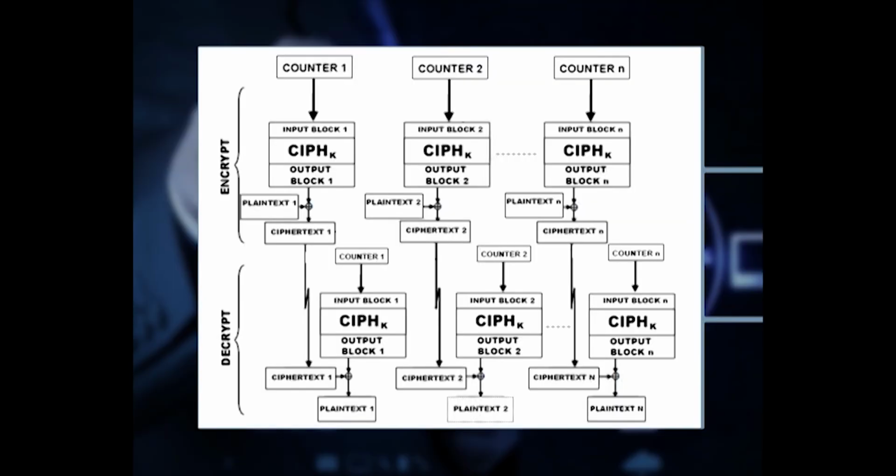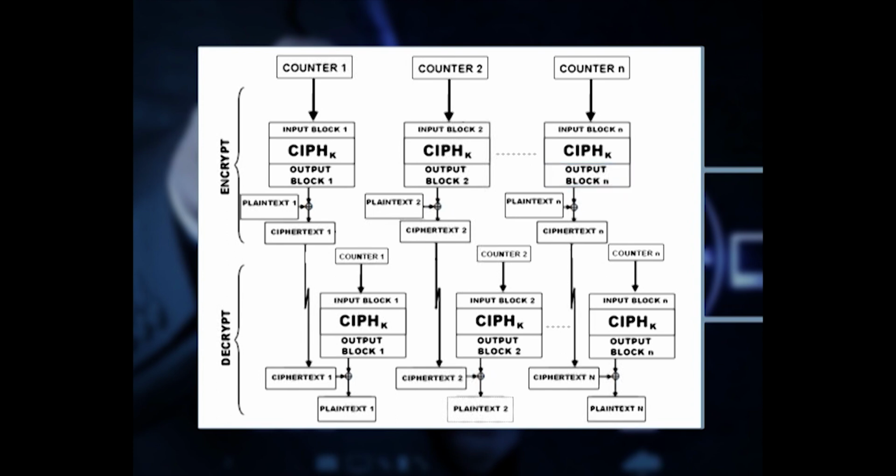In CTR encryption, the forward cipher function is invoked on each counter block and the resulting output blocks are exclusive ORed with the corresponding plaintext blocks to produce the ciphertext blocks. For the last block, which may be a partial block of U bits, the most significant U bits of the last output block are used for the exclusive OR operation.